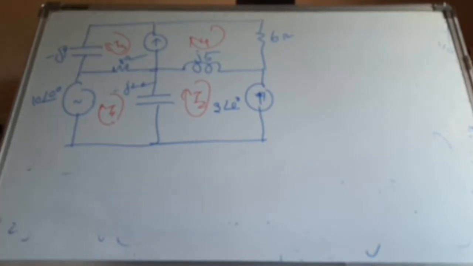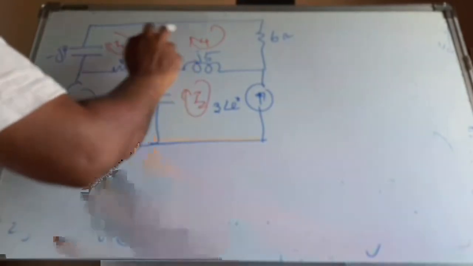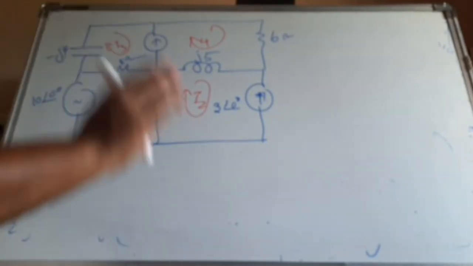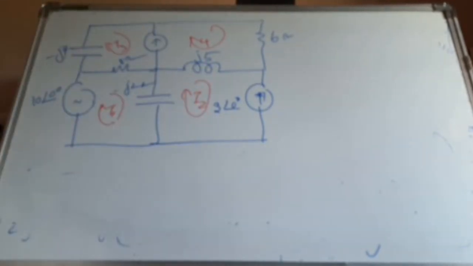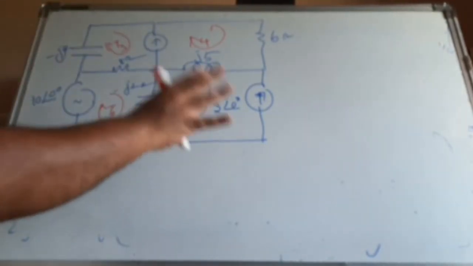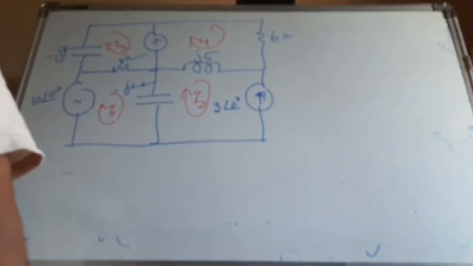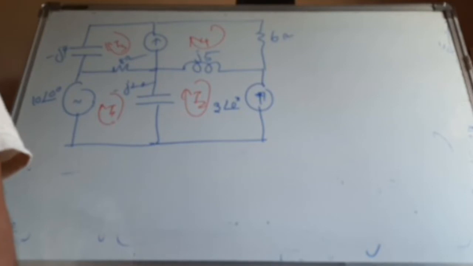Since you have to find 4 currents I1, I2, I3, I4, you need at least 4 equations to solve it. Remember, don't forget it. Without, of course, the supermesh equations, but anyway.